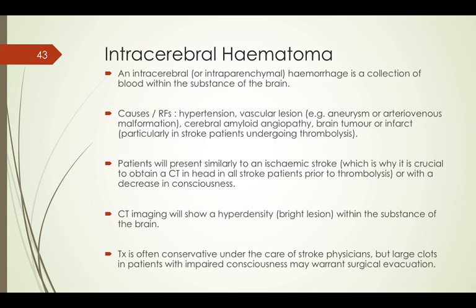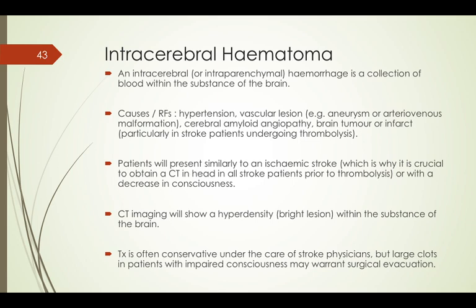Right, next, moving on, is the intracerebral hematomas. Okay, this is a collection of blood within the substance of the brain. Causes of which include high blood pressure, vascular lesions, such as aneurysm or AV malformations, tumours or infarcts.